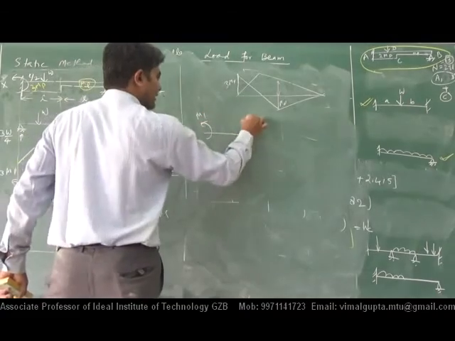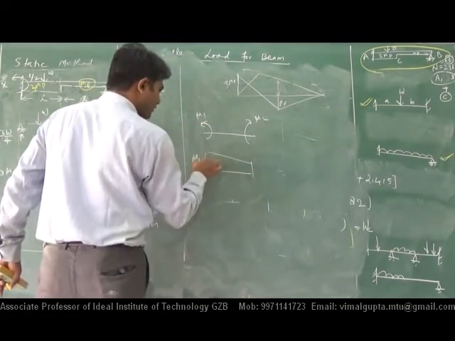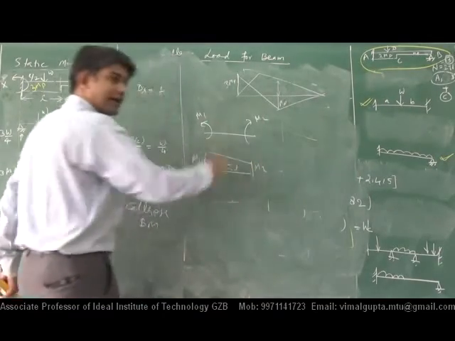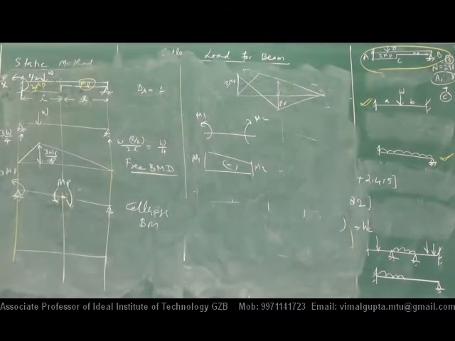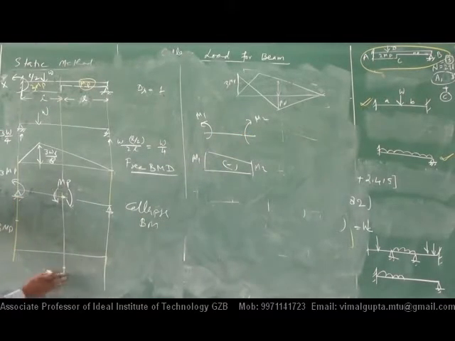If it is M1, if it is M2, then the BMD is M1, M2 with negative value. Here, because this one is 3 MP, the direction is opposite, so it will be in downward direction. What will be that? MP, and its BMD will be this. This will be minus and this will be plus.